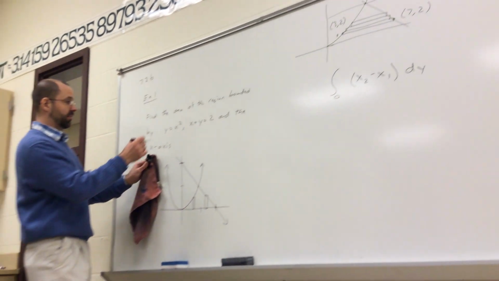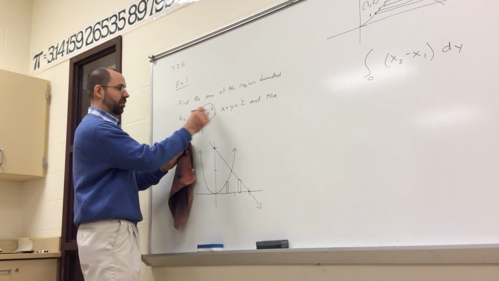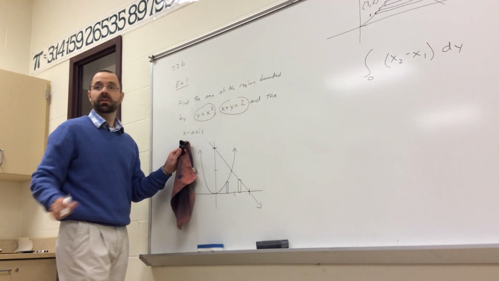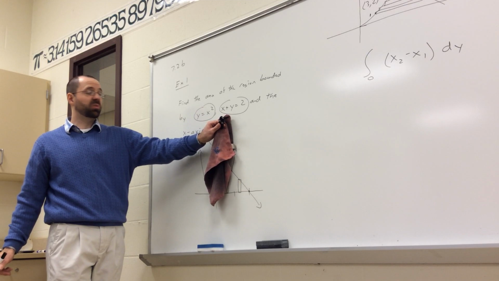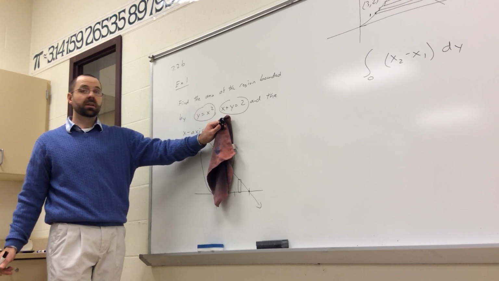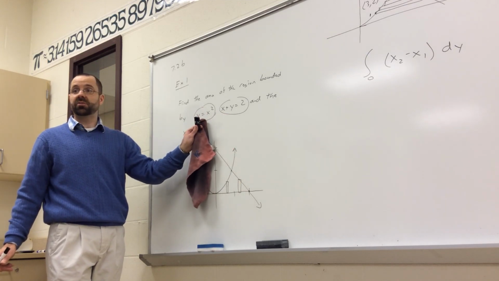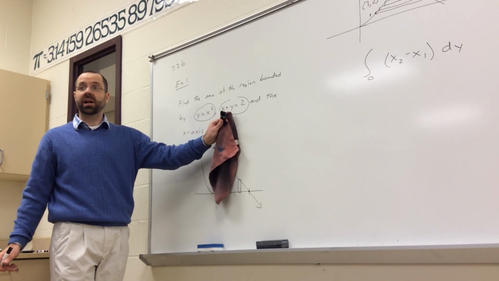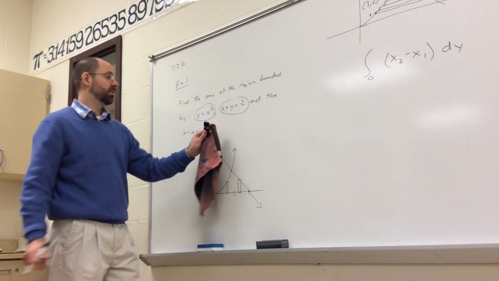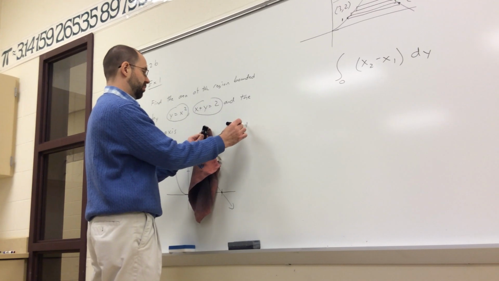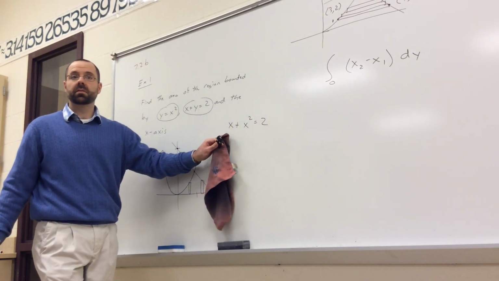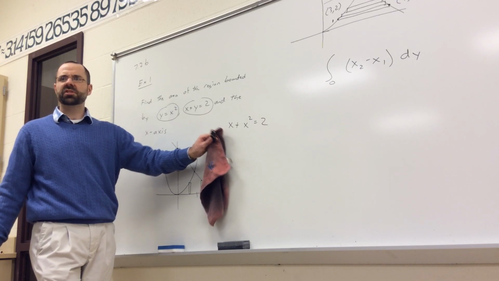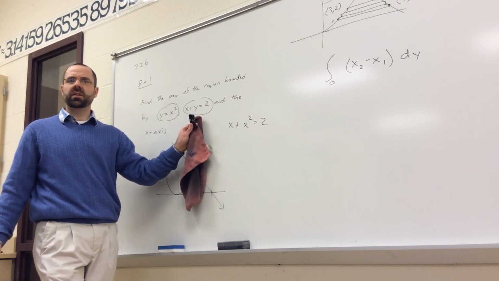Okay, so I've got to find the intersection between the curve and the line. So this second thing says x plus y equals 2. So this one says y equals x squared. So I can replace the y with x squared. So then it'll say x plus x squared equals 2. So all I did was recopy this equation and put x squared in place of y.